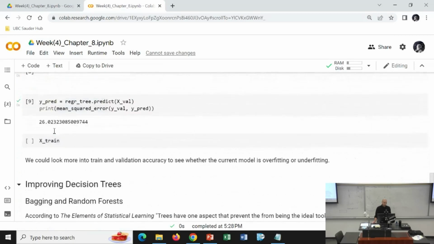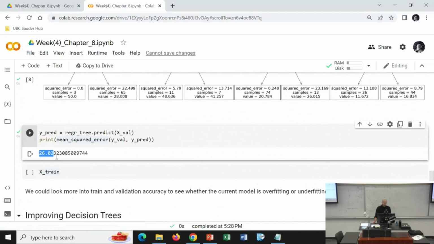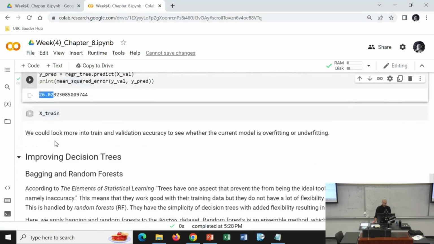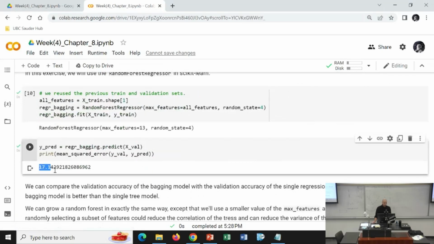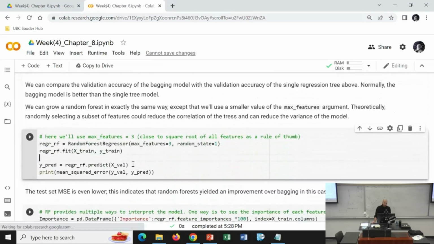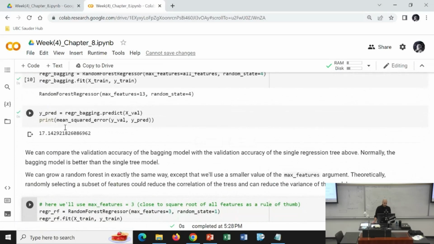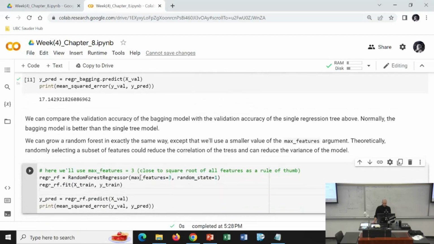So my question for you is, which of these models is better? The regression tree with the error of 26 or the bagged tree with error of 17? Bagged tree is better. So the next thing we can try is an actual random forest where we provide 3 features to the tree growing algorithm.